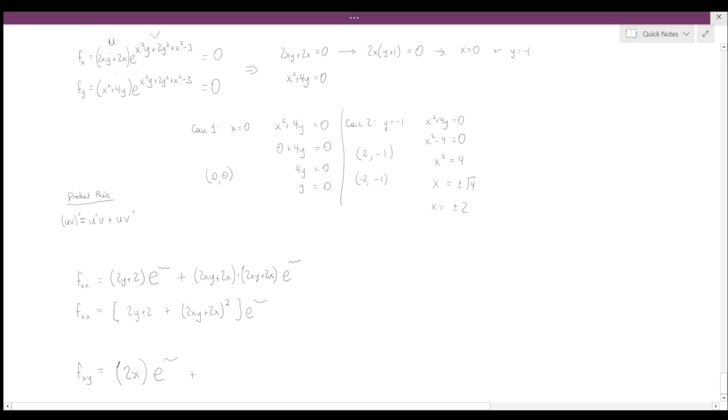and plus. And then next is going to be u. I'm just going to copy down what we had for u. And then it's going to be times v prime being the partial derivative of the exponential that we have here with respect to y.